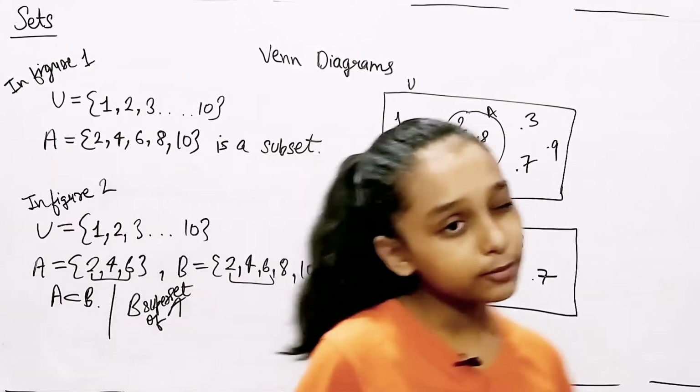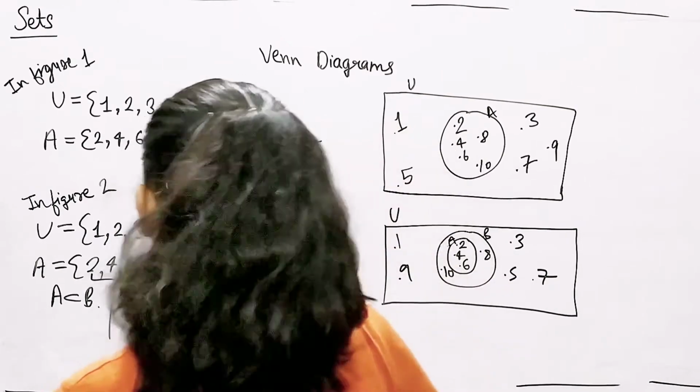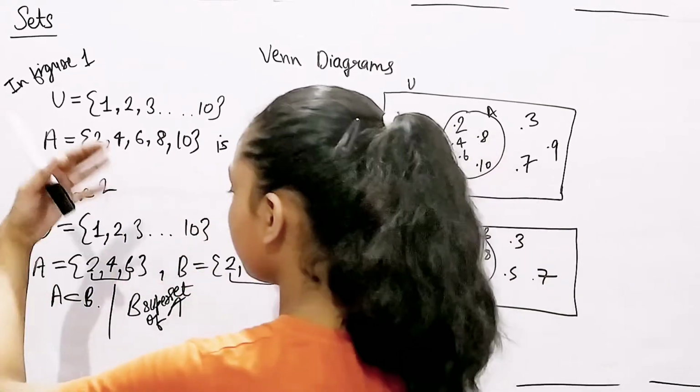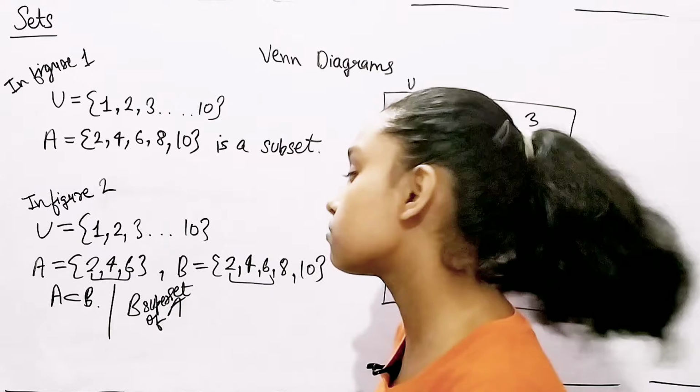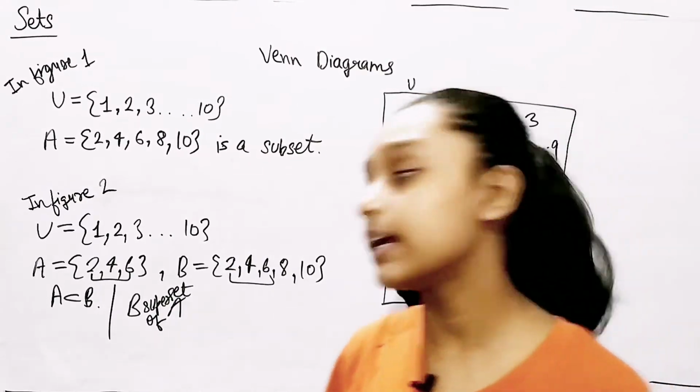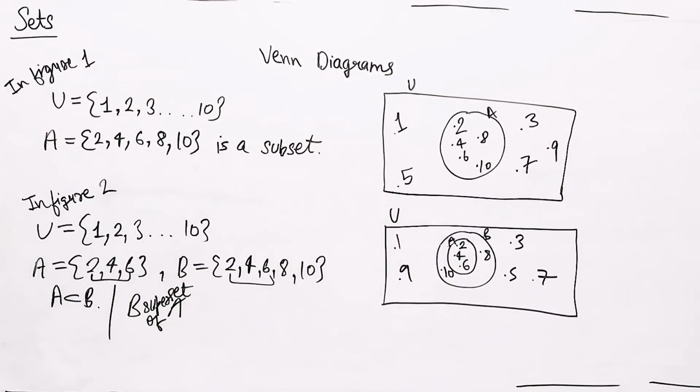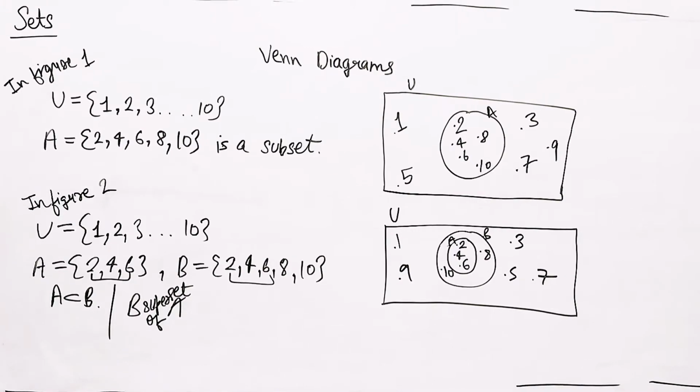Are these two sets making any relationship from the universal set? Of course, they're making a small relationship. In the universal set, we have all the elements from 1 to 10.